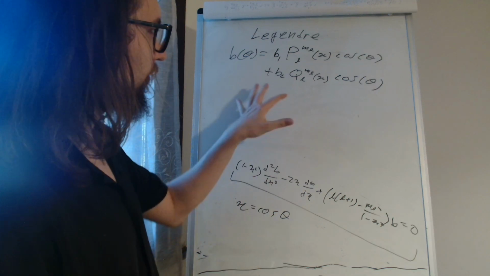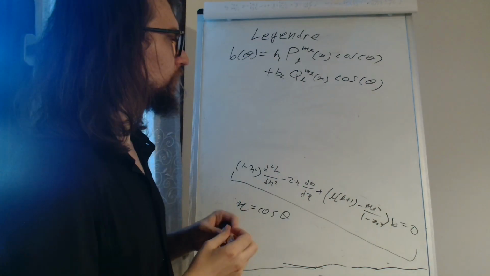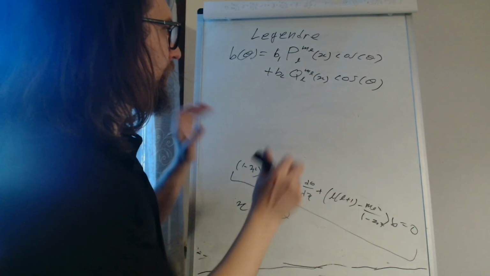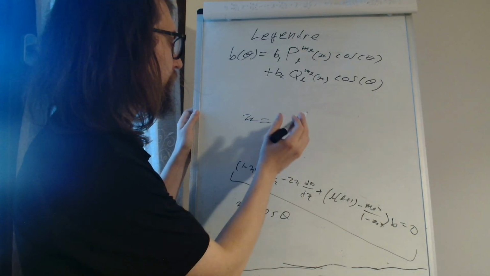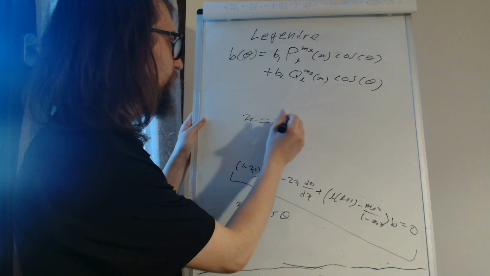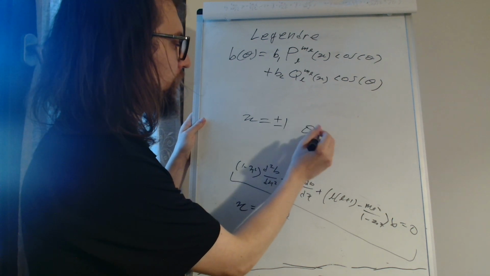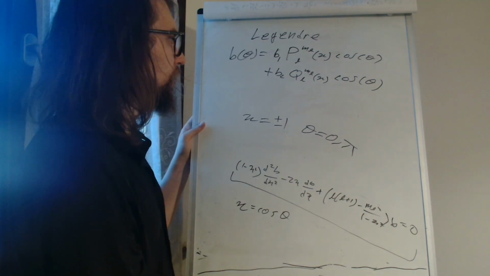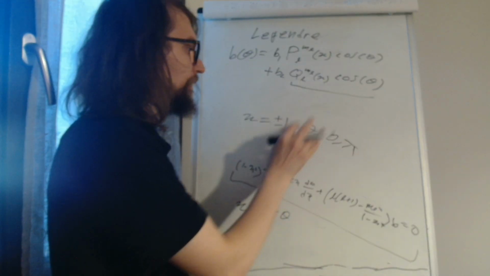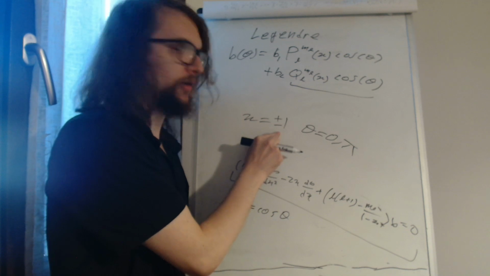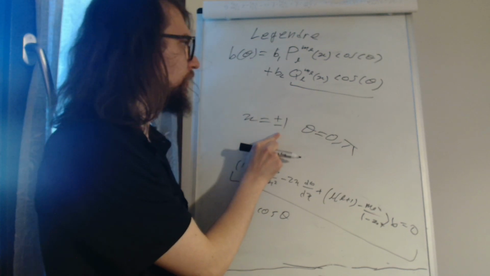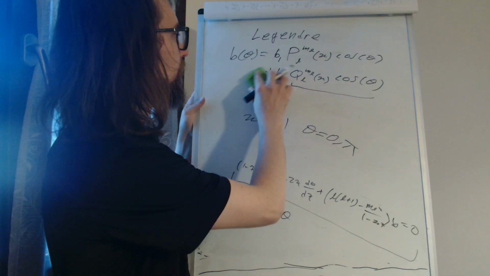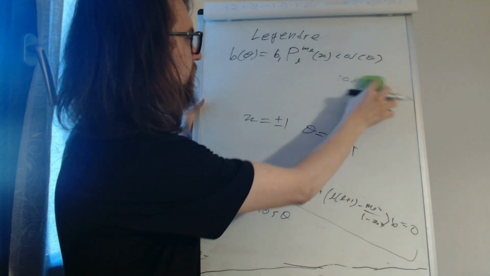Anyway, most of these solutions are not acceptable because this expression must not diverge when x is equal to plus or minus 1, which means that theta is equal to 0 and pi. And we have that this term here diverges for the values plus and minus 1 of x. So we must have B2 equals 0. So we only have this part.